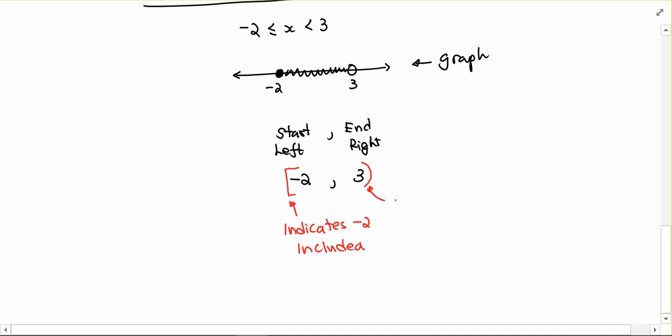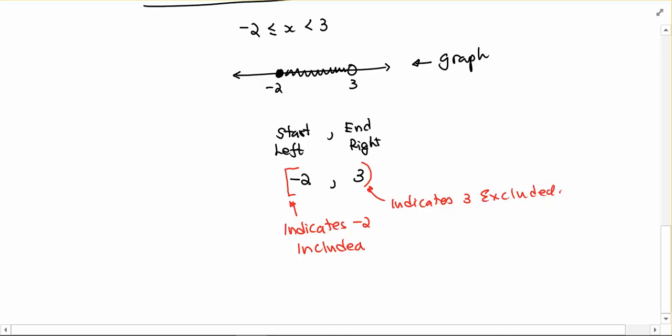This indicates 3 excluded. Okay, so that's interval notation.